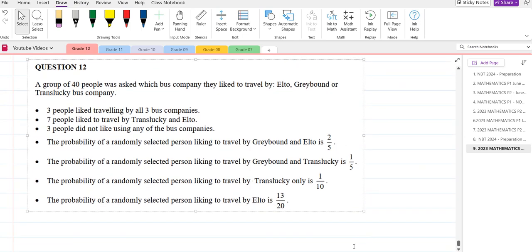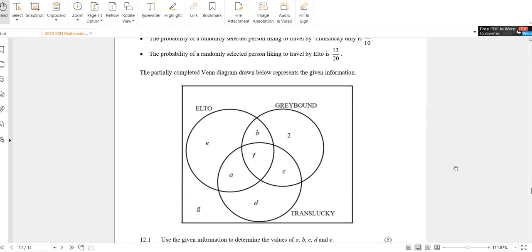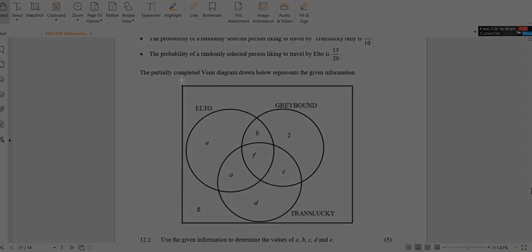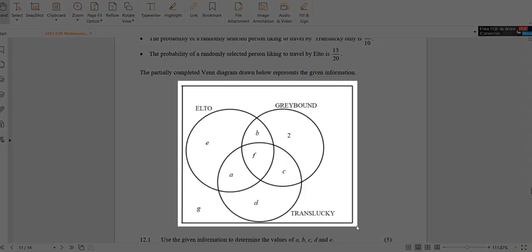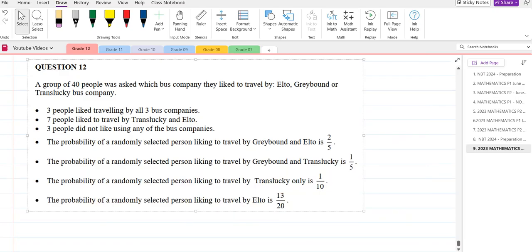Probability question, right? Let's put these down here.